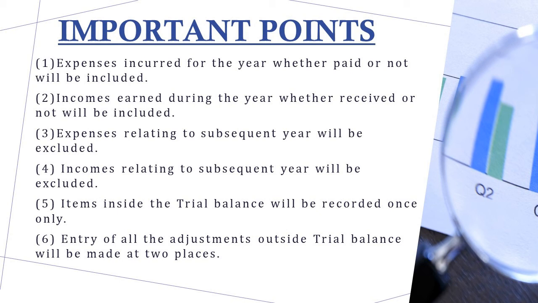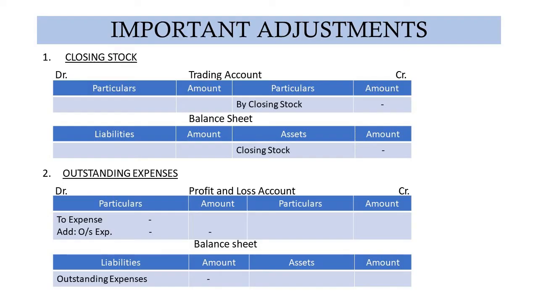And the last is, items that are given outside the trial balance, which means which are given as adjustments, are to be written twice, because double entry in respect of all these adjustments is to be completed in the final accounts itself.